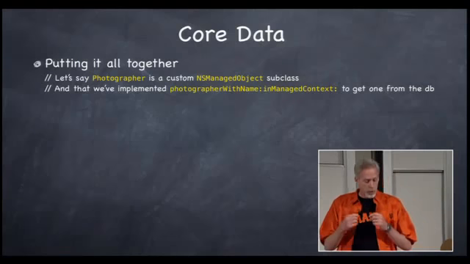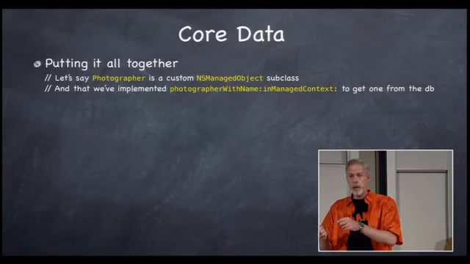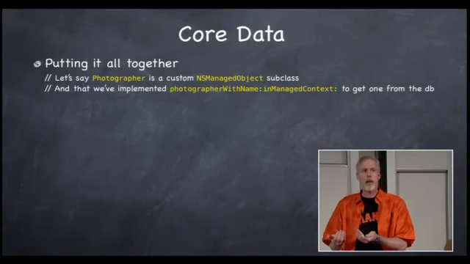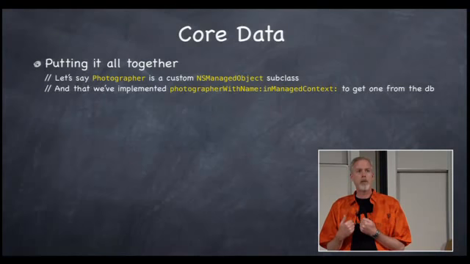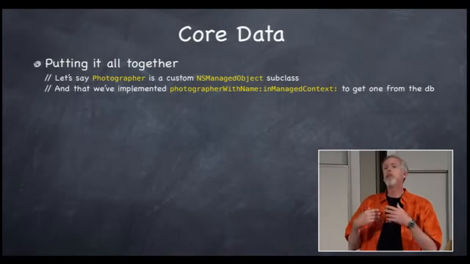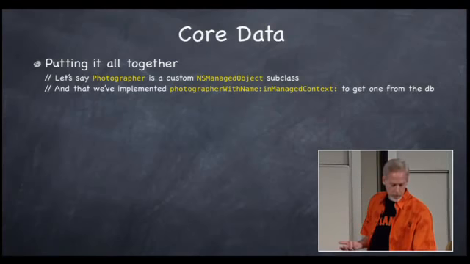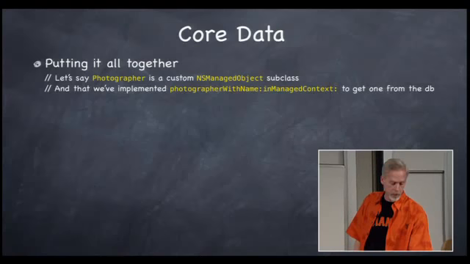It goes out and looks in the database to see if there's a photographer with that name, and if it is, it returns it, and if not, it creates one and returns it. So it's kind of a create-if-it's-not-there, and if it is there, give it back to me kind of method. It's going to return an NSManagedObject, which is the photographer that it either matched or created.